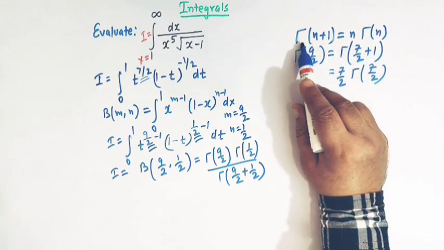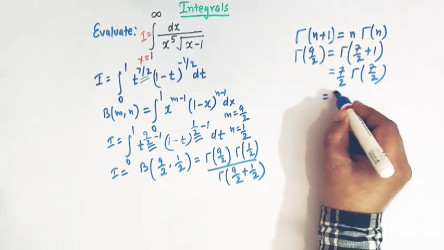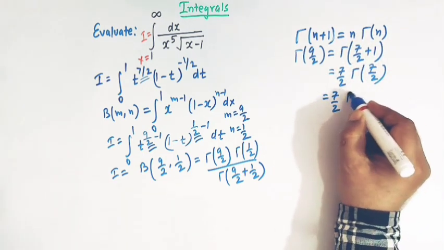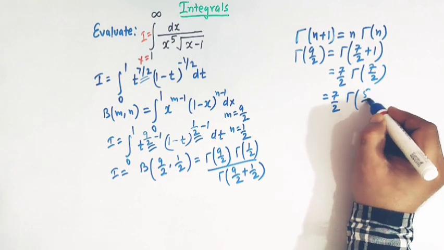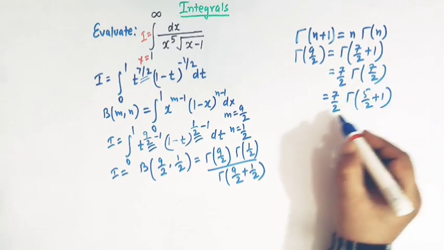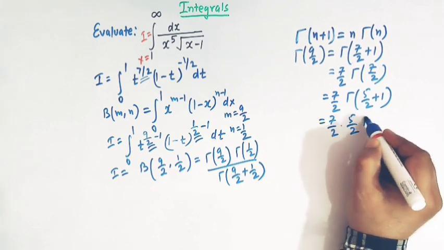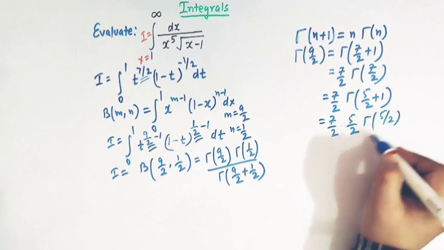And repeated application of this formula gives us 7 by 2. Here we have gamma of 5 by 2 plus 1, because 7 by 2 can be written as 5 by 2 plus 1. So we have 7 by 2 times 5 by 2 times gamma of 5 by 2.